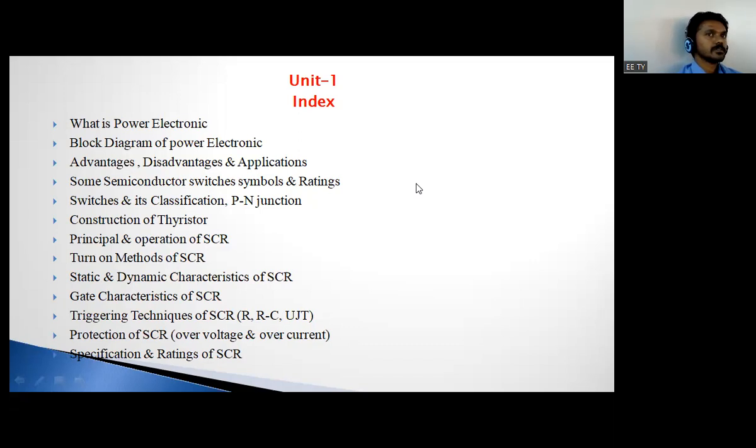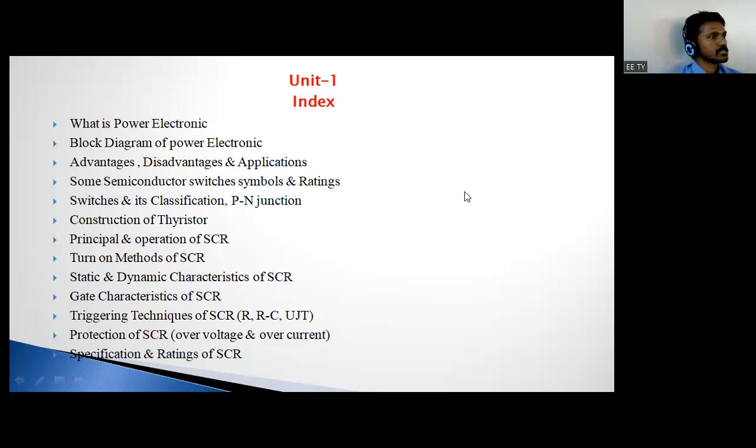Because all the power electronic semiconductor devices are operated as switches. This is the first and foremost important point. Please remember, all the power electronic semiconductor devices are operated as switches.